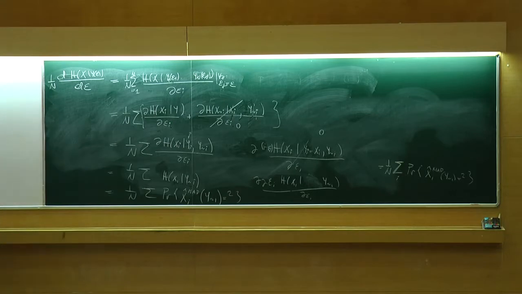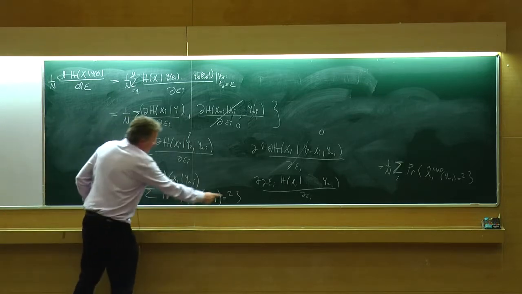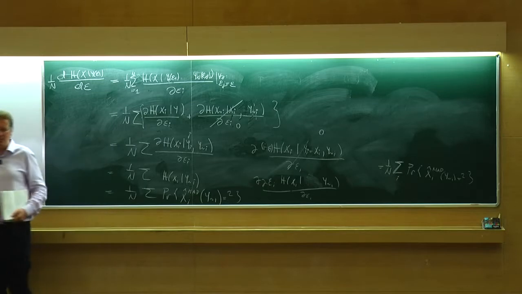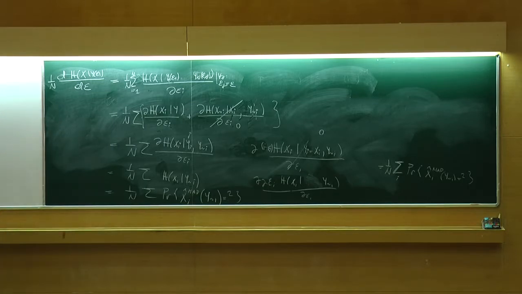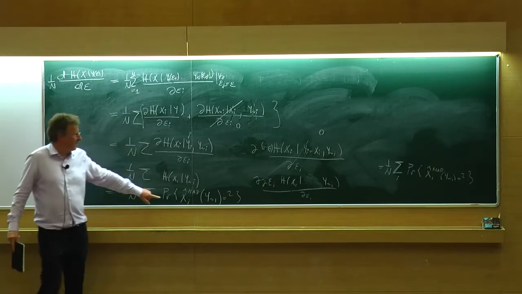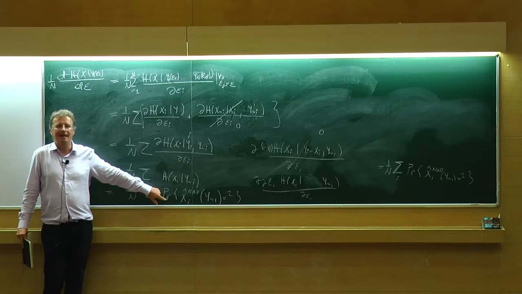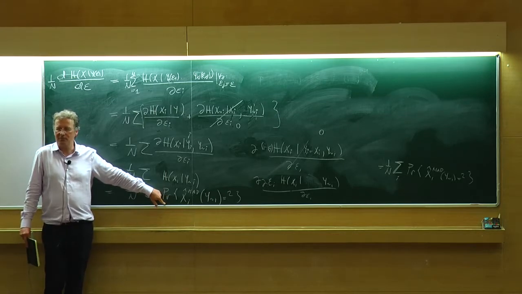Make sense? Good. So now we see what these things are. Before it was a slightly simpler case, because we had a case where all these curves were the same. In general, these curves could be different, and it's the average of these curves that fulfills the area theorem.